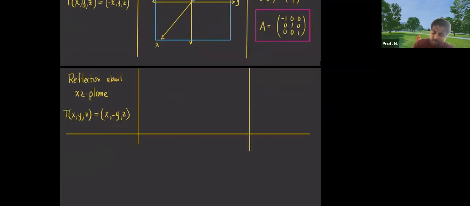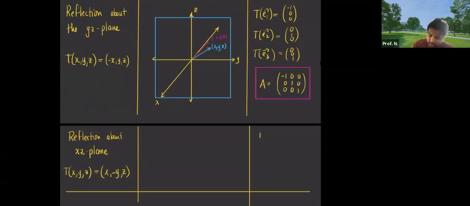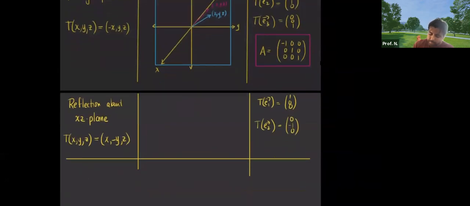And we should already know what to expect with this, right? We should know that this is T(E1). It's on the XZ plane, so I'm left with 1, 0, 0. It's unchanged. T(E2) is not on the XZ plane, and this is the one that's being changed to 0, -1, 0.